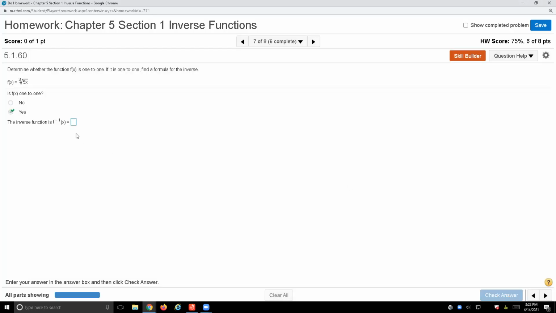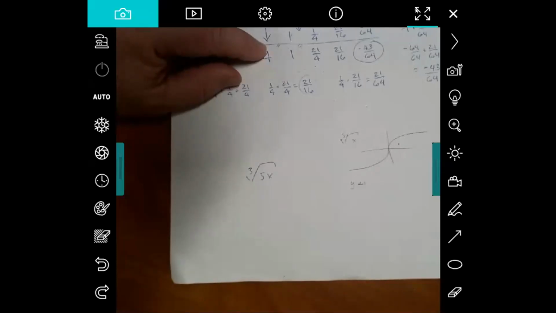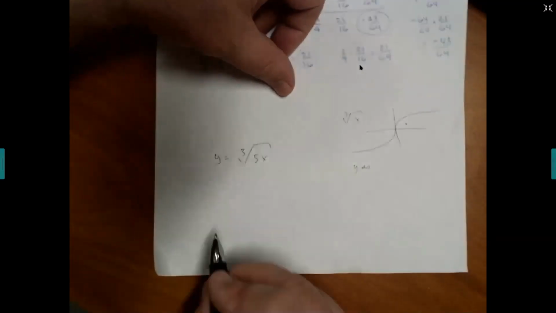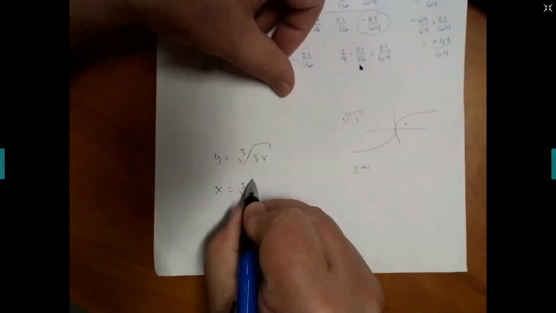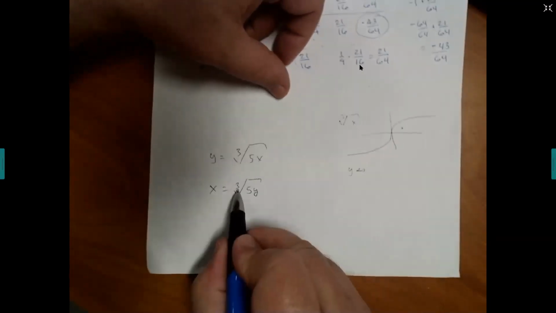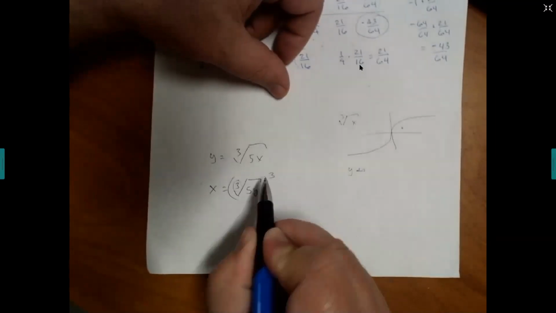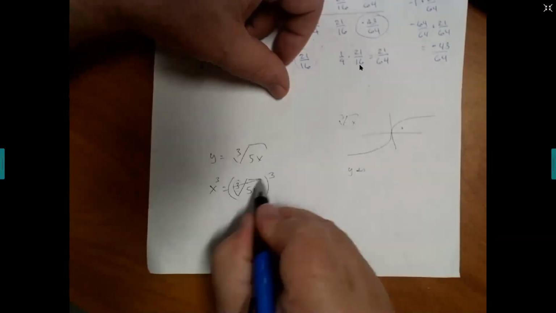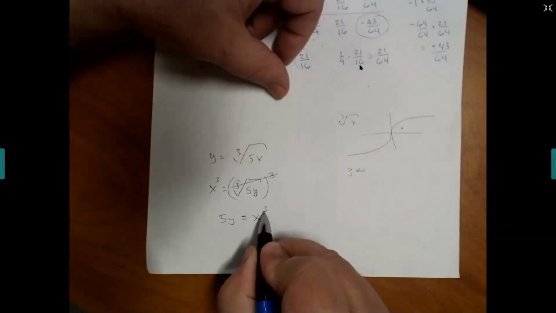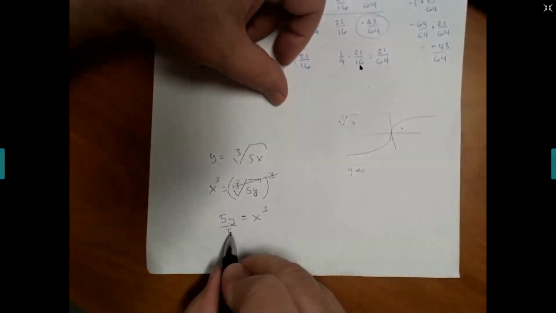Find the inverse function. So y equals the cube root of 5x. Swap: x equals the cube root of 5y. How do I get rid of the cube root? Cube both sides, so those cancel. So we have 5y equals x cubed, and divide by 5.